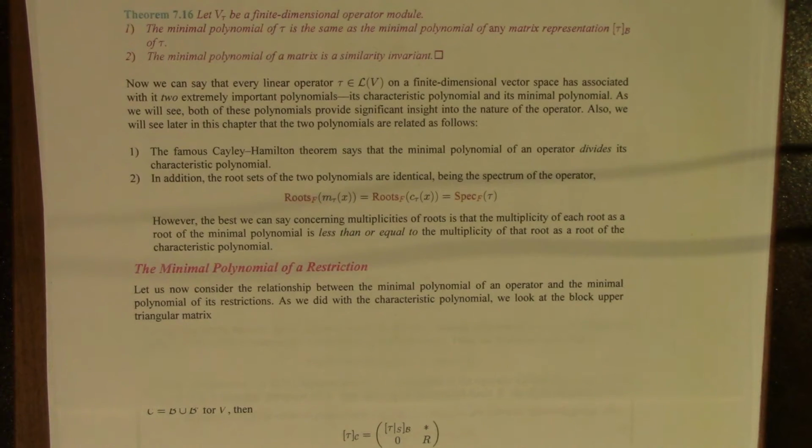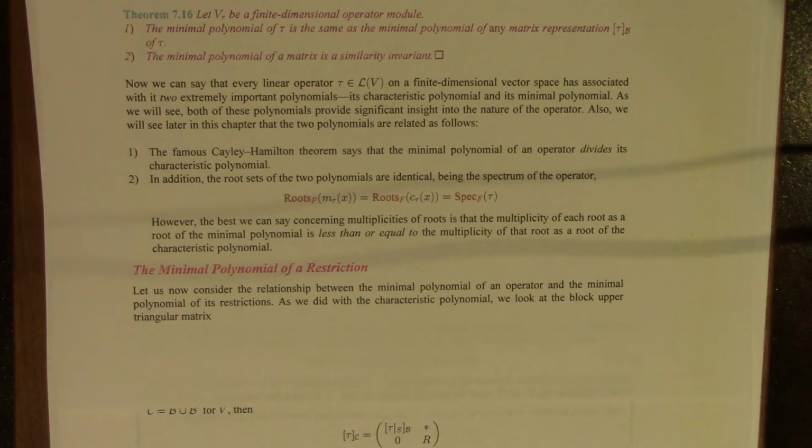Now we can say that every linear operator tau on a finite dimensional vector space has associated with it two extremely important polynomials, the characteristic polynomial and the minimal polynomial. Both of these polynomials provide significant insight into the nature of the operator.